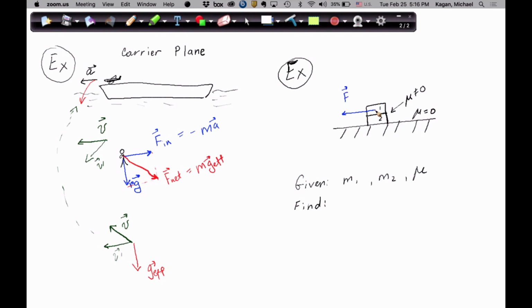If the force you apply is huge, what will happen? Yes, exactly. So there must be some minimum value of the force such that the top block slides across the bottom one. And that's what I want you to find. Find the minimum force such that 1 slides with respect to 2.